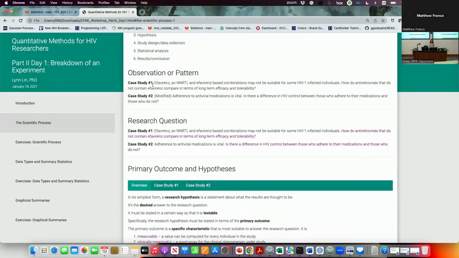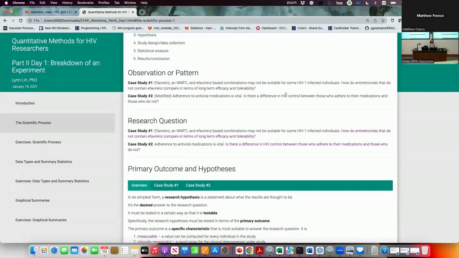So here, for example, in case study number 1, there's one sentence which was copied from the original paper. There's one medication, efavirenz. Correct me if I pronounce it incorrectly. The observation about this medication is that this efavirenz-based combination may not be suitable for HIV infected individuals.